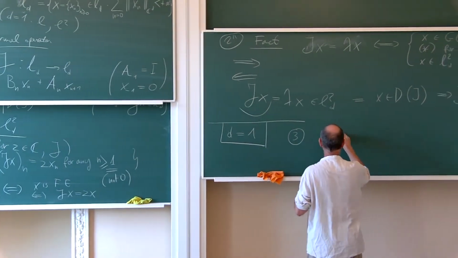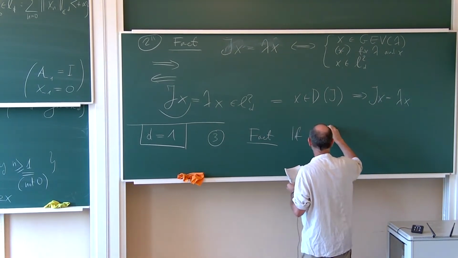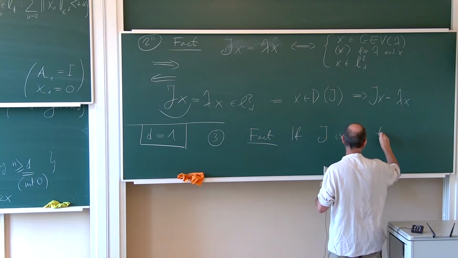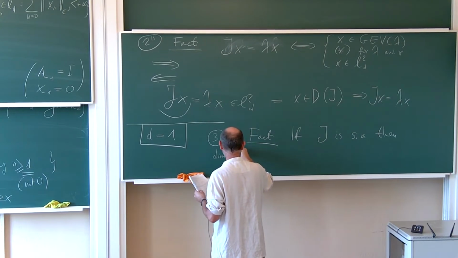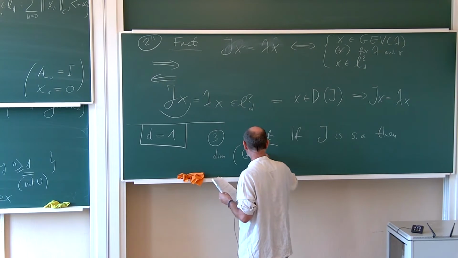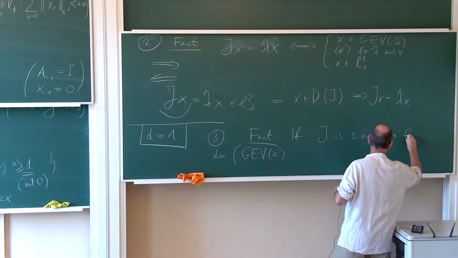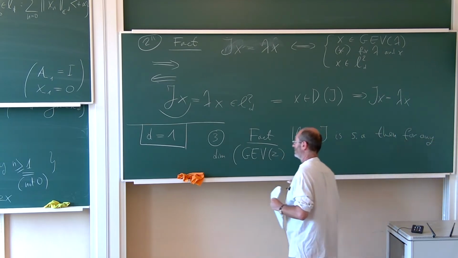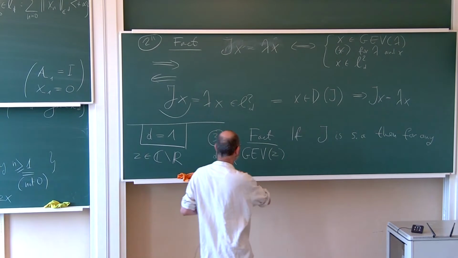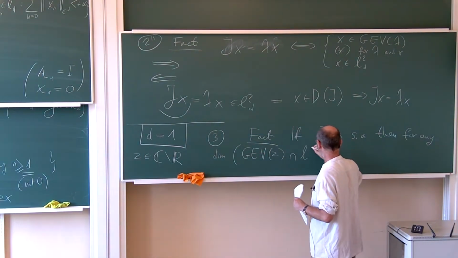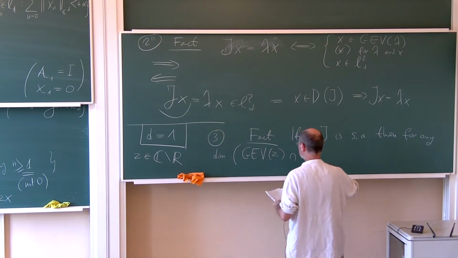You can say this is a fact: if J is self-adjoint, then for any z which is non-real, the dimension of the intersection of the space of generalized eigenvectors for z with the L2 space, so the space of all L2 generalized eigenvectors, is just one-dimensional.